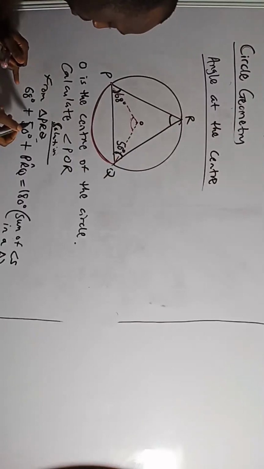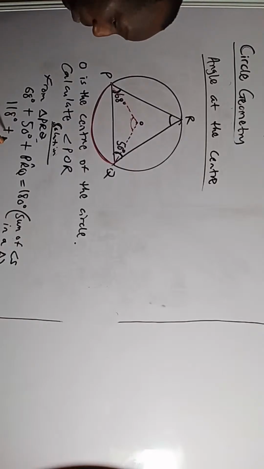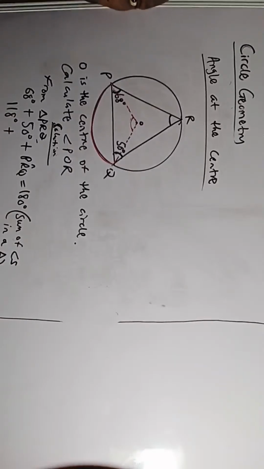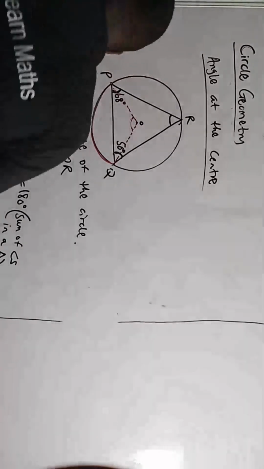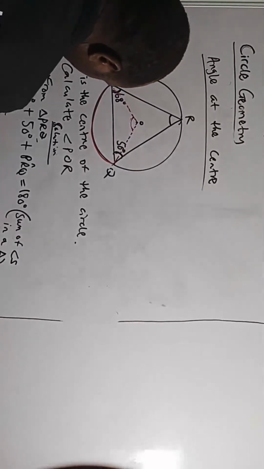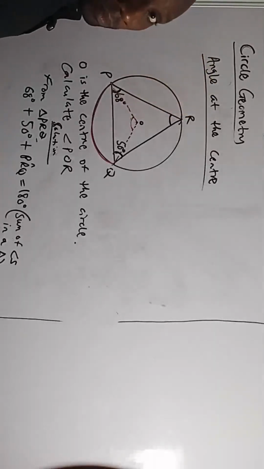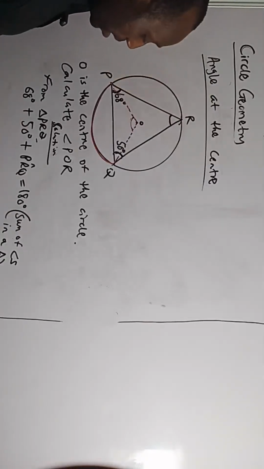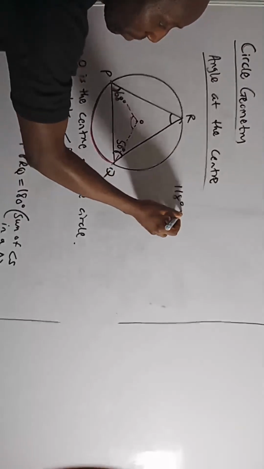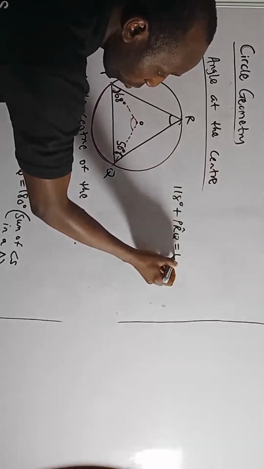So what is 68 plus 50? That will be what? 118 degrees. All right, so 68 degrees plus 50 degrees is 118 degrees plus angle PRQ, and this is equal to what? 180 degrees.